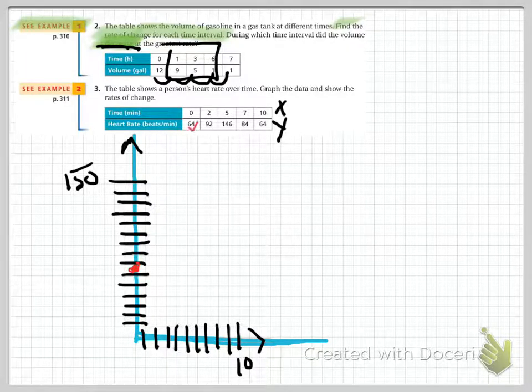Next one, 292, so that's 70, 80, 90. And then 546, and so on, counting up by tens and across the hours. And there's the table.